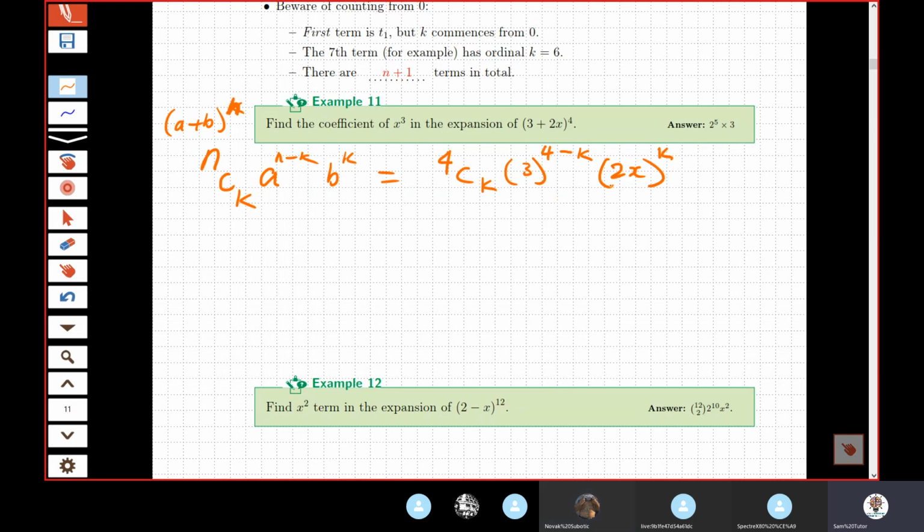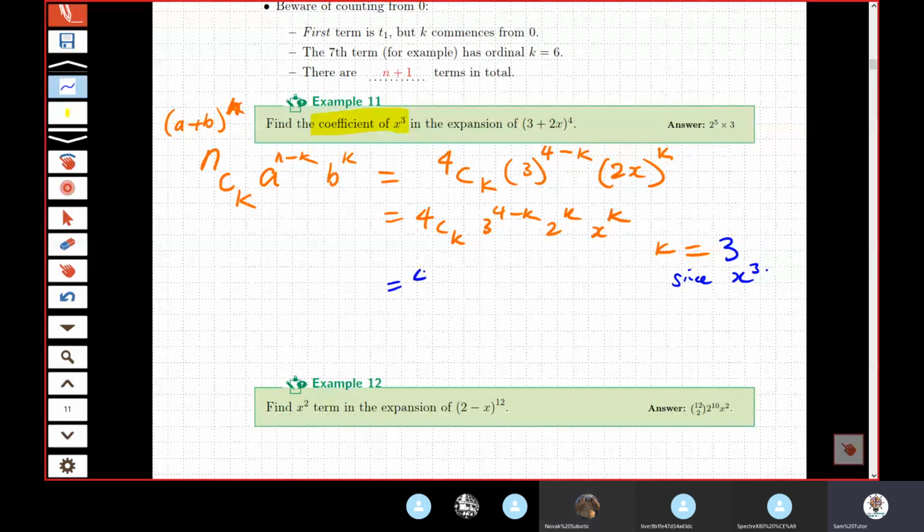Now, let's fix this up to make it look a little bit nicer so we can only see the x's. Otherwise, right at this point in time, you've got a 2 in front of it. So next line, this becomes like this. This becomes like this. Correct? Then, obviously, what should k equal? 3, yeah, k equals 3 since you want x cubed.